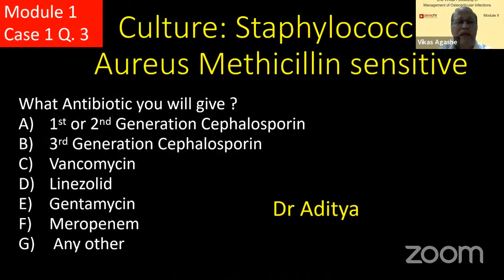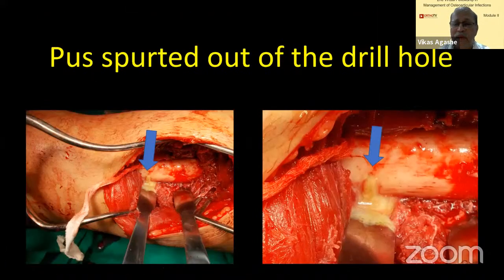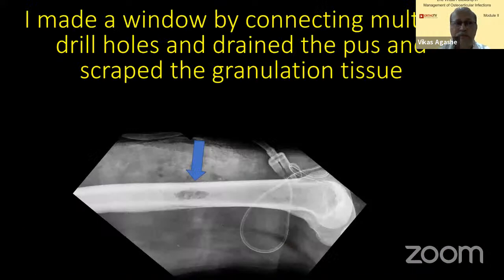So that was the culture. This was the surgery that I had done. I excised the biopsy wound. There was granulation tissue on the lateral femoral cortex. Pus came out from here. I made a small window.